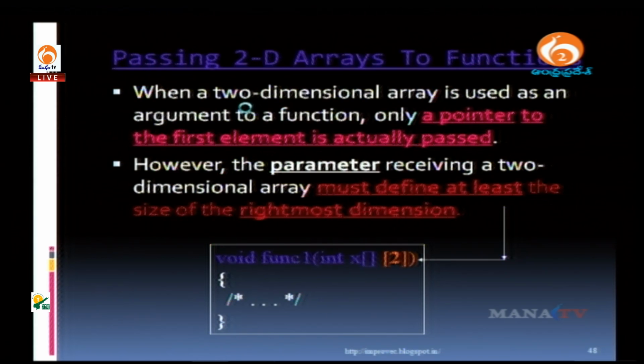How do we pass a two-dimensional array to a function? When a two-dimensional array is used as an argument to a function, only a pointer to the first element is actually passed. However, the parameter receiving a two-dimensional array must define at least the size of the rightmost dimension. Just look here.